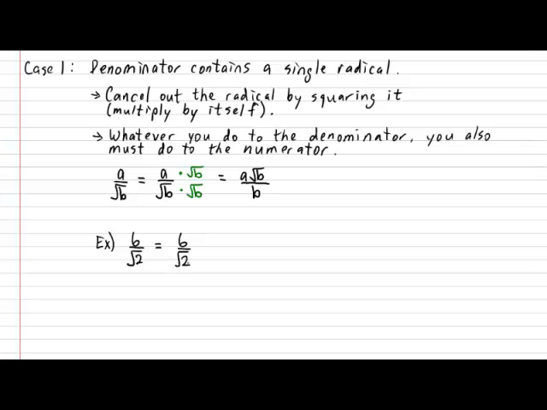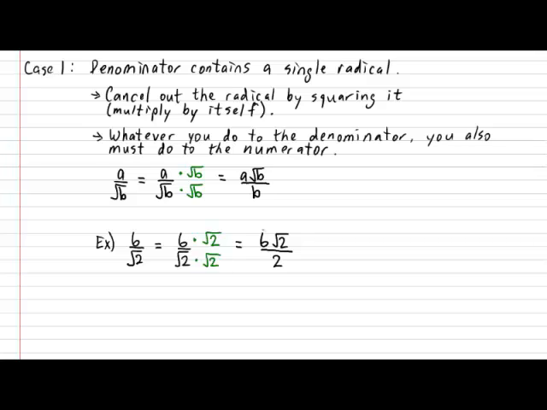And again, I'm going to show the multiplying by the root 2 in green. So to get rid of the root 2, we have to multiply by itself. So multiply by another root 2, and we have to do the same thing on the numerator position. So multiply by root 2, and the result that we get is the following: 6 root 2 all over 2.